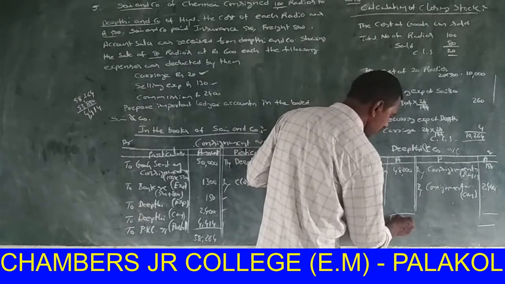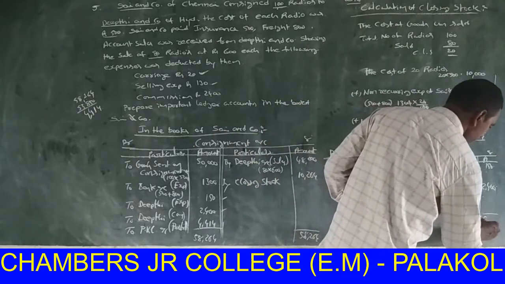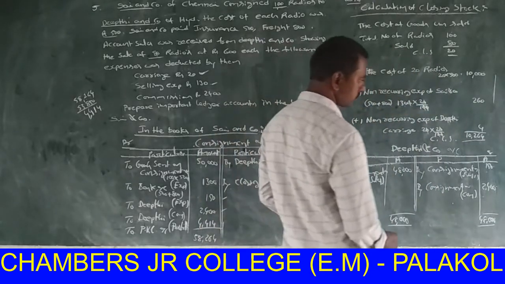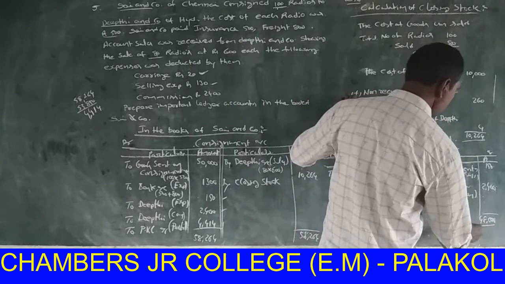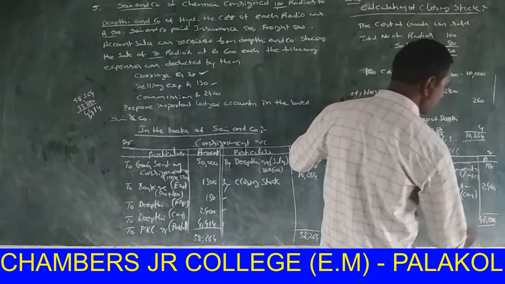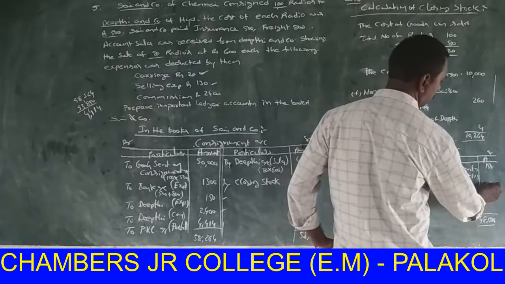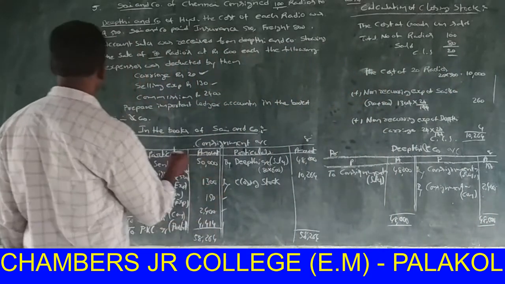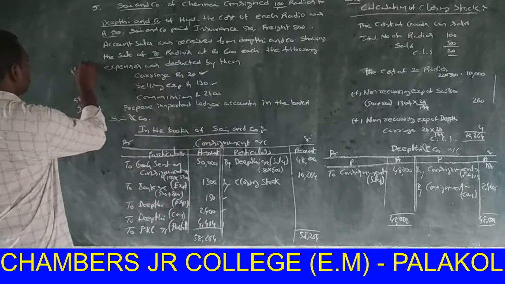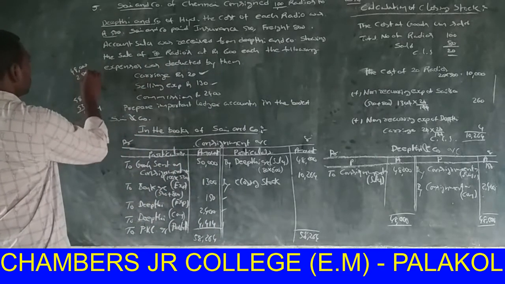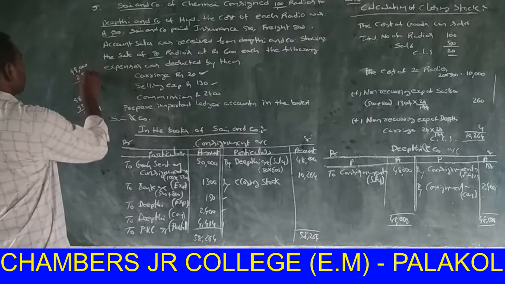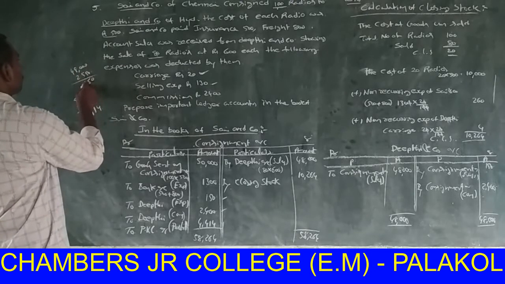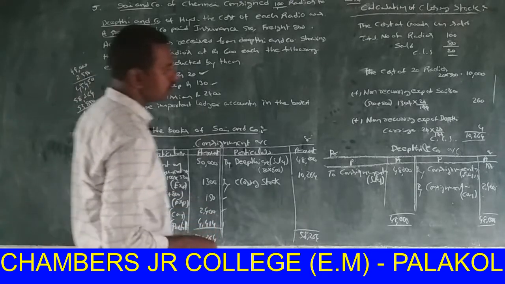So the total is 48,000. 48,000 minus 2,550 is 45,450.